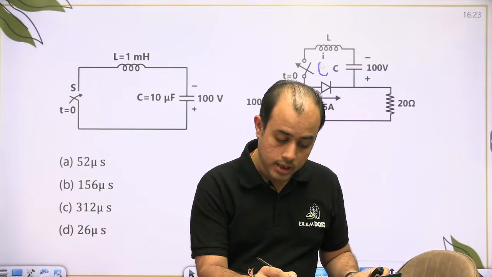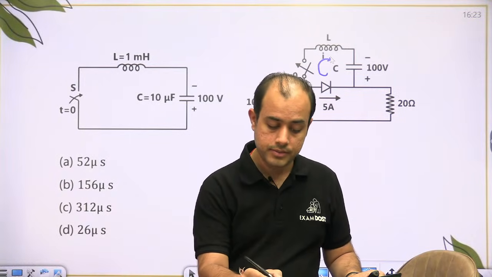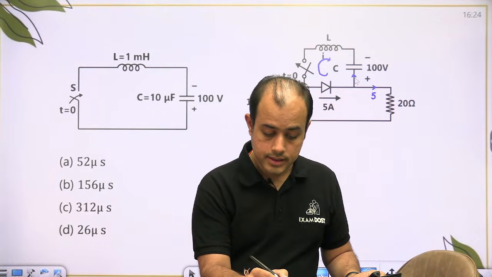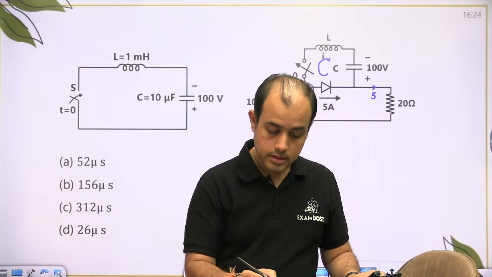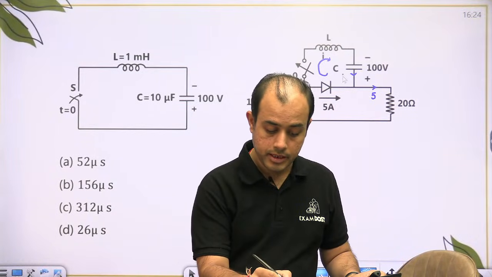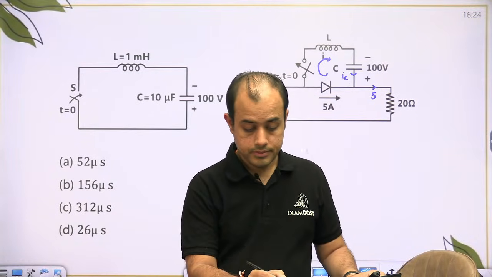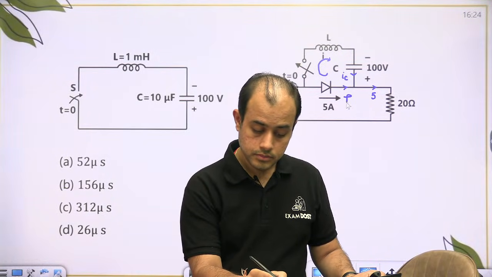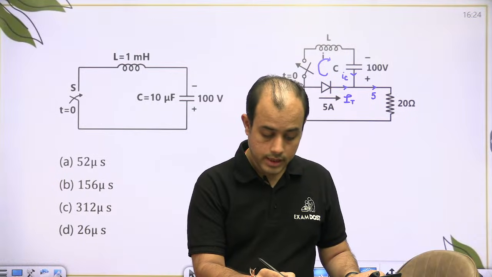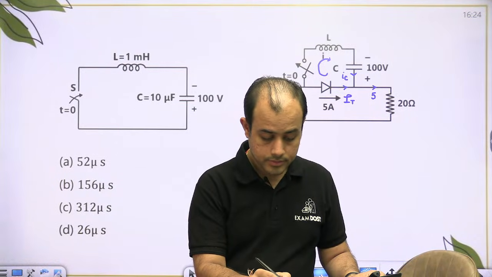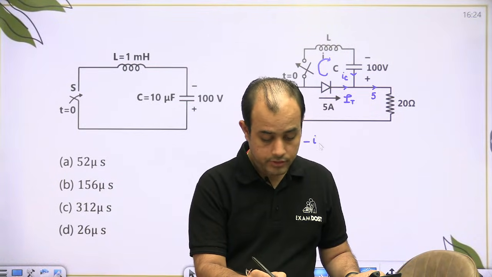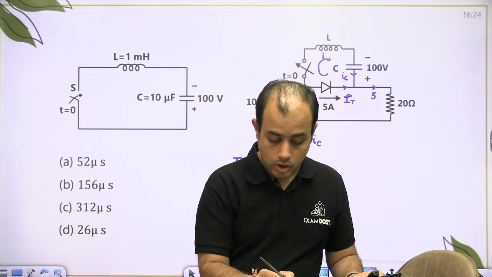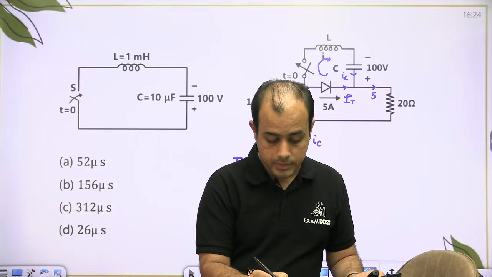This is how the capacitor current flows. So the load current is 5. This is how IC is coming. So Thyristor current is 5 minus IC.